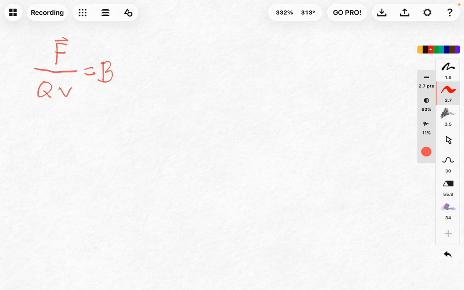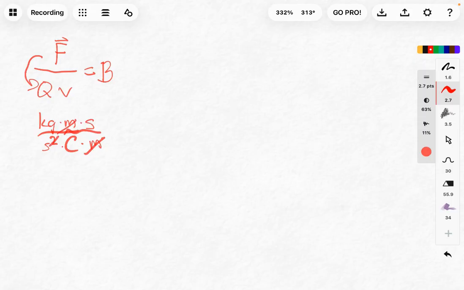Firstly, we look at force, and that is kilograms times meters per second squared. Then we can divide that by charge, that's coulombs, and multiply by velocity, that's meters per second. Again, the meters cancel out, and you get kilograms per second coulomb.